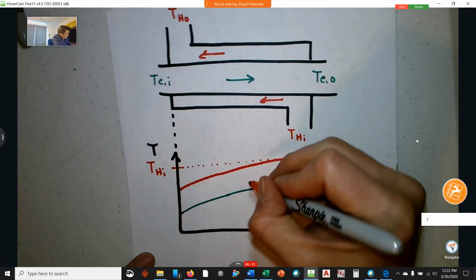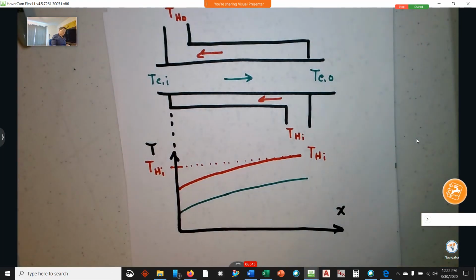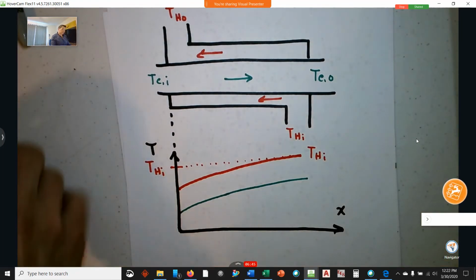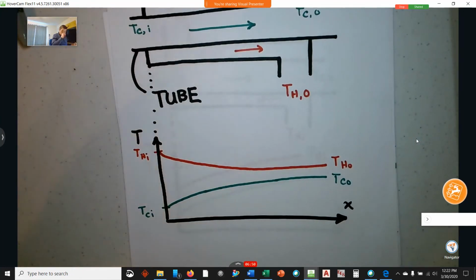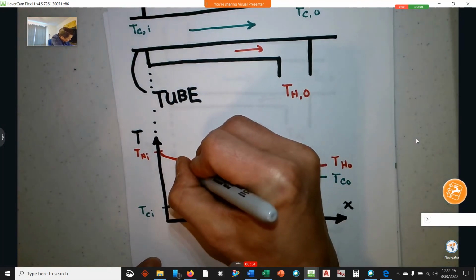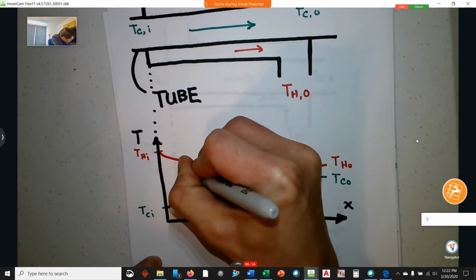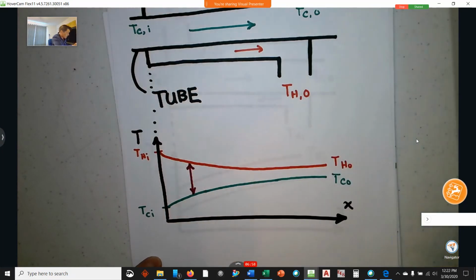And so this delta is actually much more favorable than this delta, because the Q is proportional to this area.